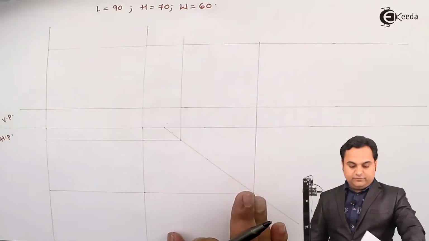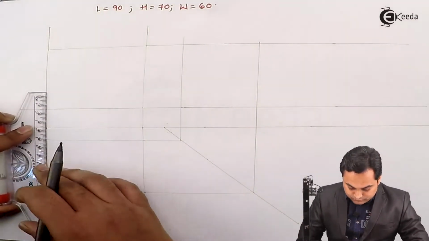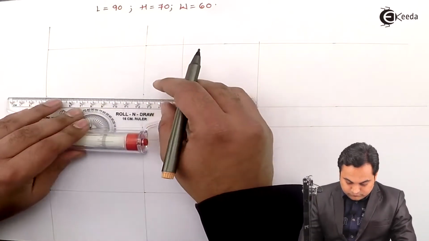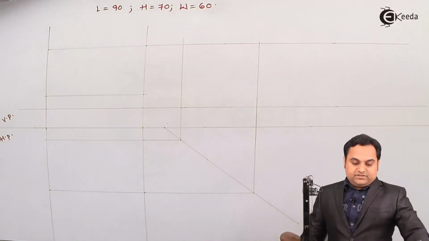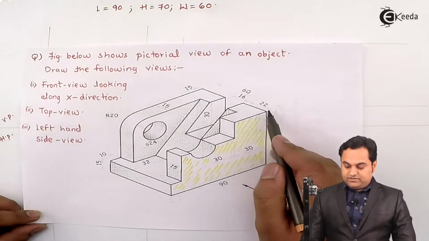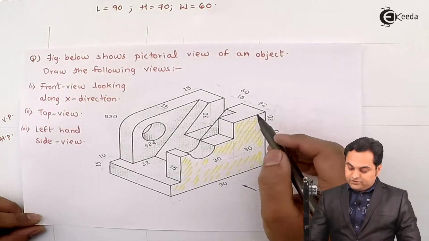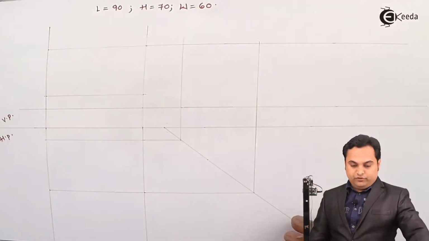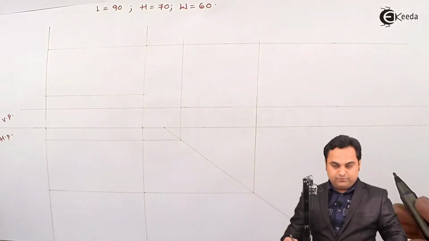So in the front view I'll measure the height as 15 mm. Next, after that, here there is another portion having a height of 70, and this portion is having a length of 30 mm. So for that, here the height is 70, I'm going to measure 30 from top.